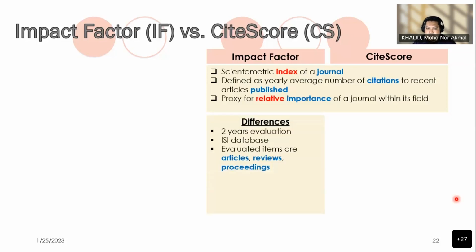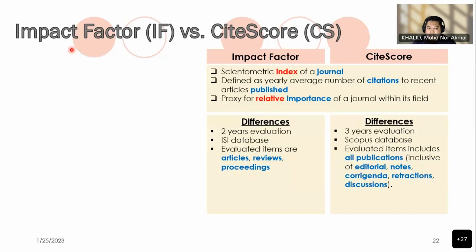They are used as a proxy for relative importance. Some institutions might be inclined to impact factor. Some might use CiteScore. But the difference here is how long they do this evaluation for this index, what database they use, and what items they include.